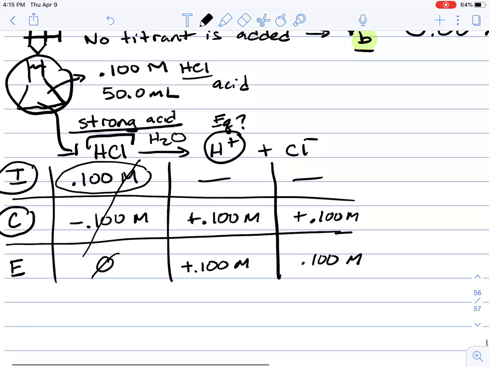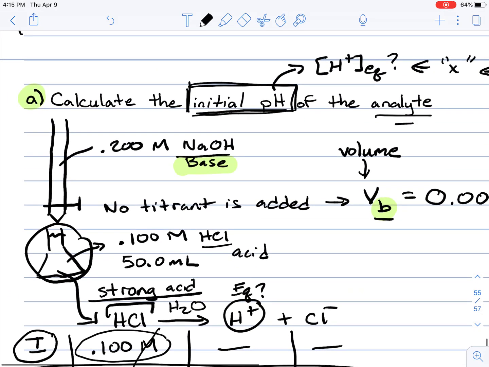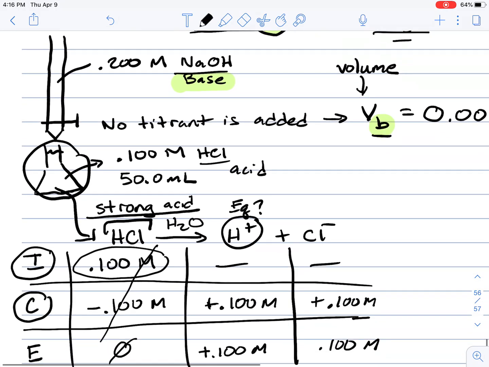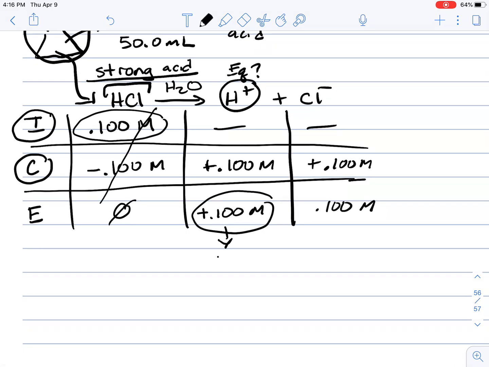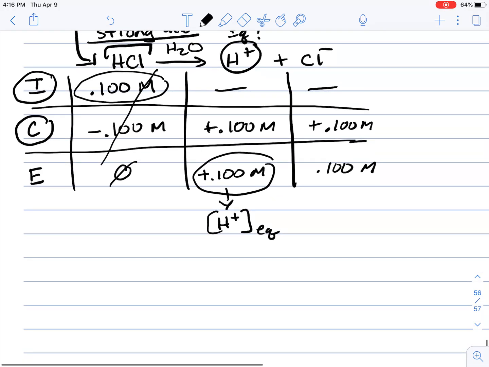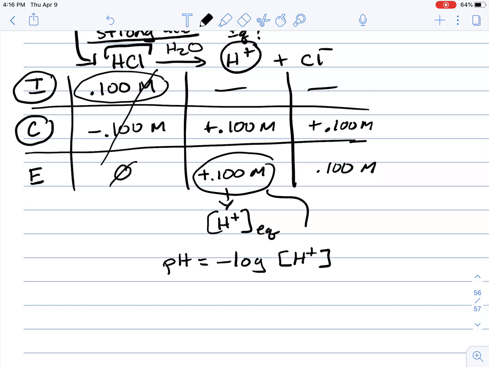And so keep in mind, we need to focus on what we're trying to solve for. We're trying to solve for the pH of the solution. Well, I already have the equilibrium concentration of hydrogen ion. And so therefore, if I just take the pH, or the negative log of the concentration of H plus, and plug that equilibrium concentration inside, I'll get the pH when I did not add any titrant into my analyte.